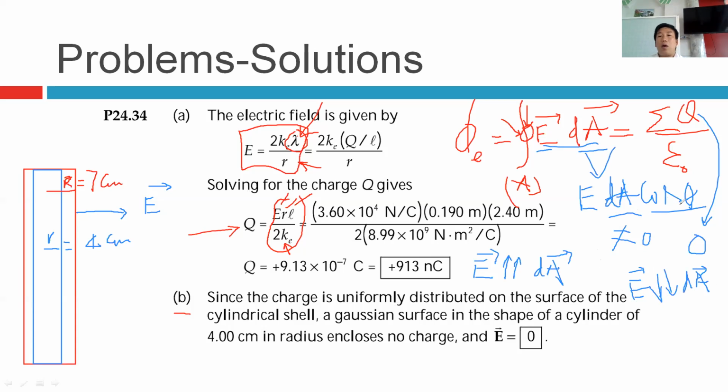This means cos theta is either minus 1 or 1, so it is different from 0. Since dA is different from 0 and cos theta is different from 0, you need to have E equal to 0. Got it?